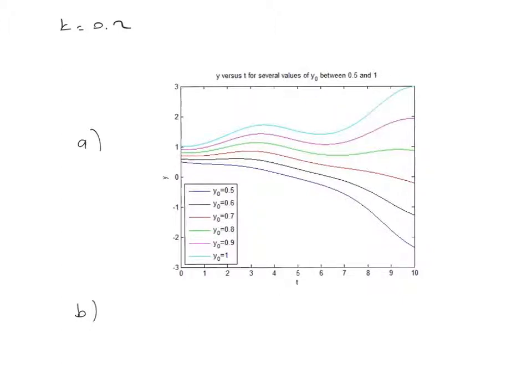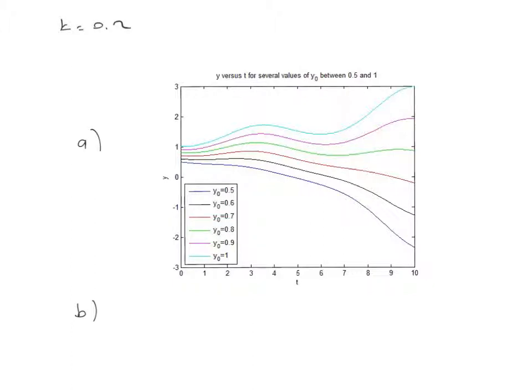As you see, the critical population under which the population becomes extinct is somewhere in this area, and it's closer to the green colored line, which represents y sub 0 is equal to 0.8.